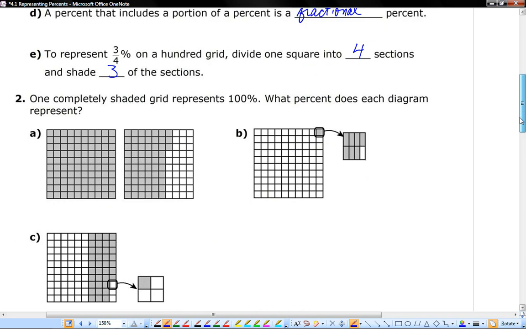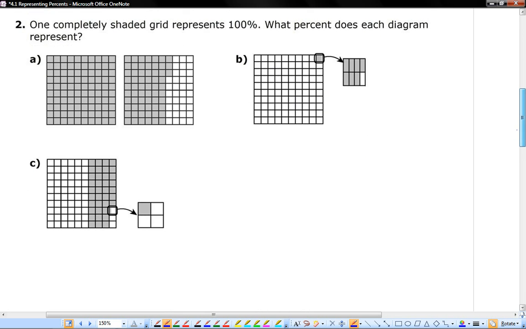So now that we have those basics down, let's take a look at example number 2. One completely shaded grid represents 100%. So what percent does each diagram represent? Well, as you can see here in part A, we have 100 shaded in squares. So here we have 100%. Next to it we have some more shaded in.